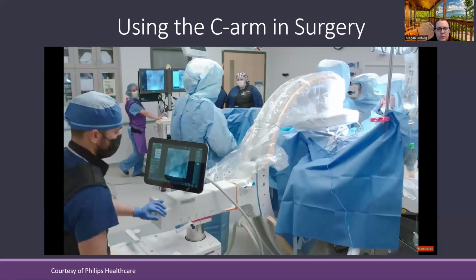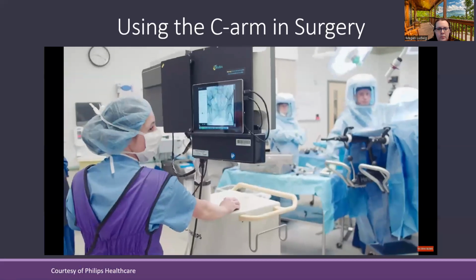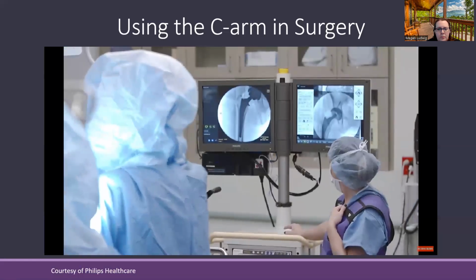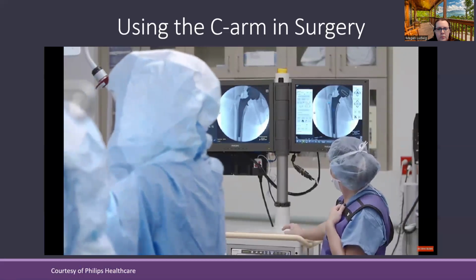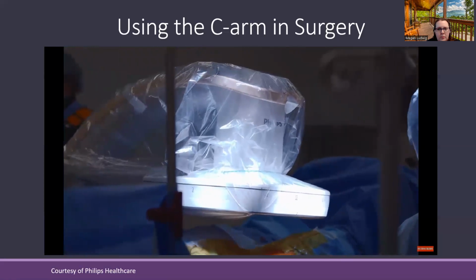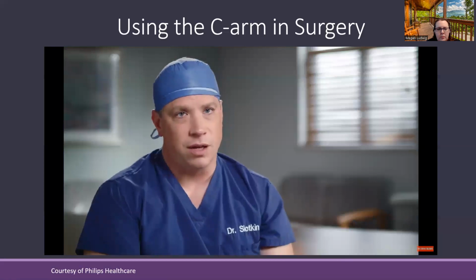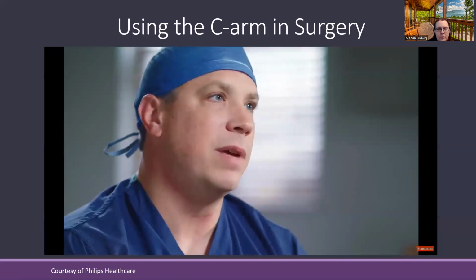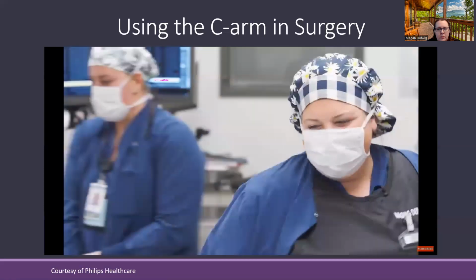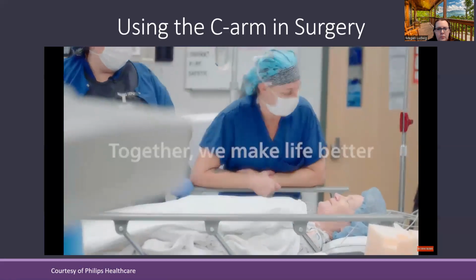The simplicity of having the Radlink system built into the C-arm itself is a game changer that allows me to view the images and what's happening on the Radlink without any tech or rep being in my field of view. I've used a lot of different C-arms in the course of my career. Philips Zenition specifically has provided me with better efficiency, better image quality, better surgical outcomes, and better knowledge of exactly what's happening during the case and after the case. It's been good for my institution, it's been good for my staff, and most importantly, it's been good for my patients.